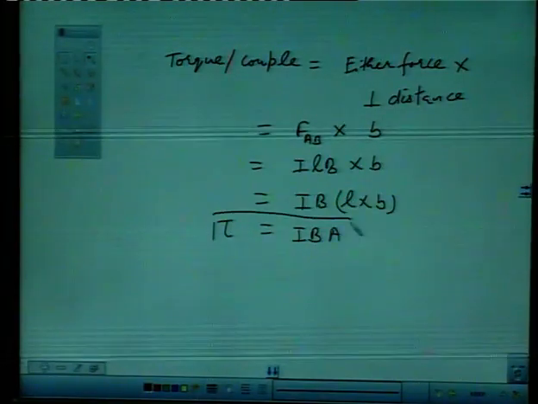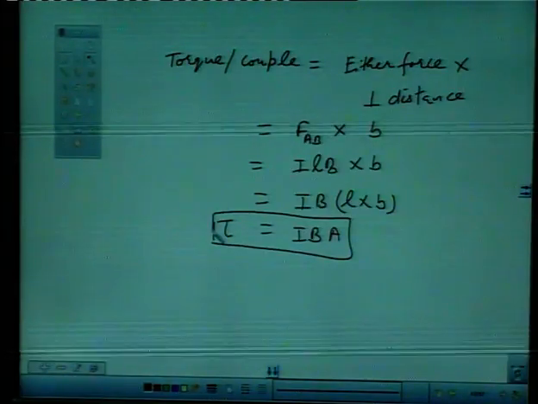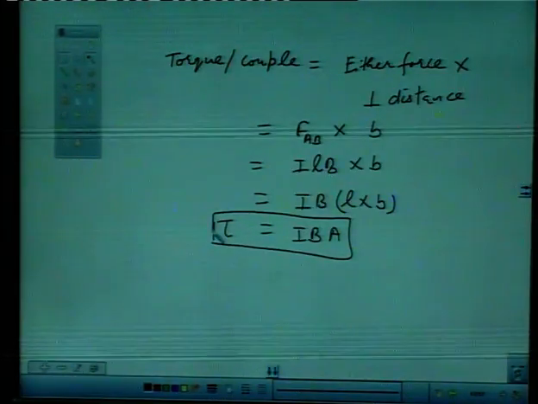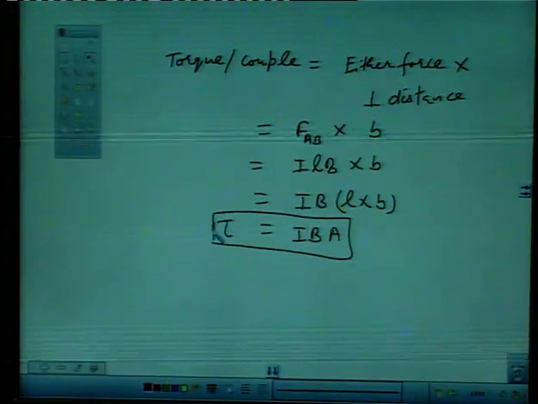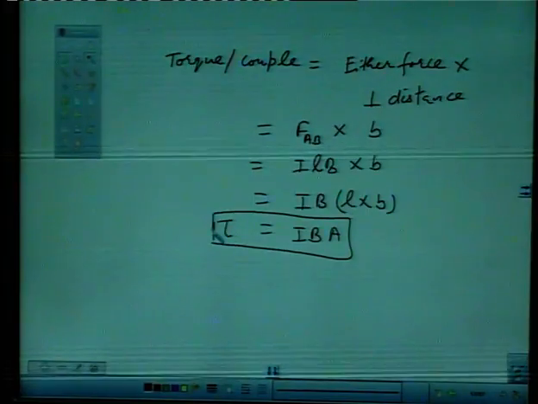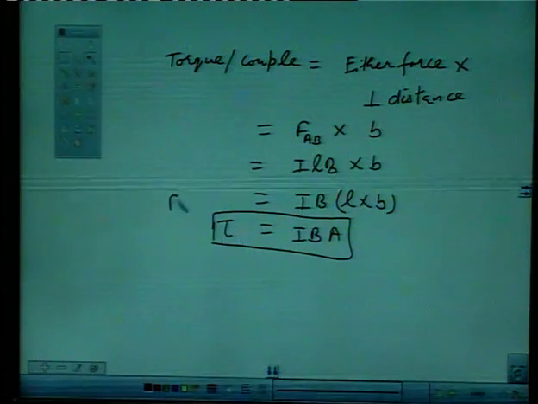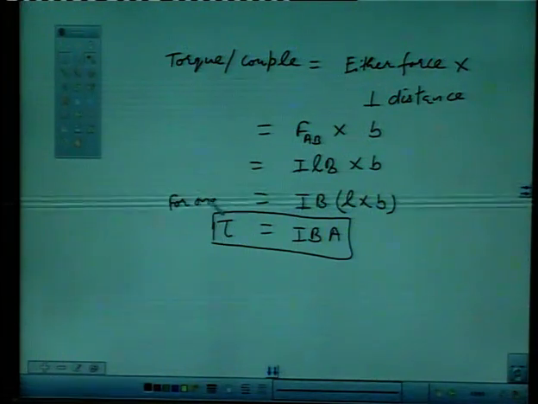So the force acting on the two different sides of the coil will rotate the coil, and it will produce a torque or couple. It will be equal to the value of current, into the value of magnetic field, and area of the coil. This is for one coil.